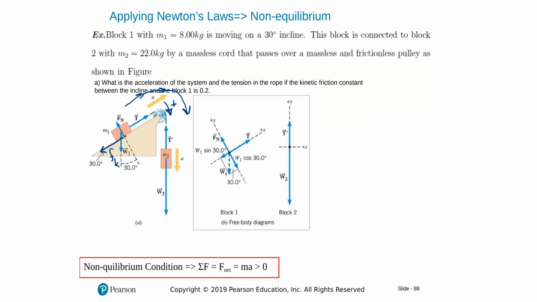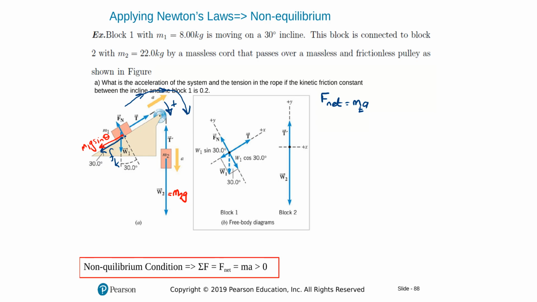We already had M1G sine theta, and we'll apply F net is equal to MA, with M2G here still. We'll find the acceleration using the same idea. Net force has changed, so A will change, and M here is the M total.